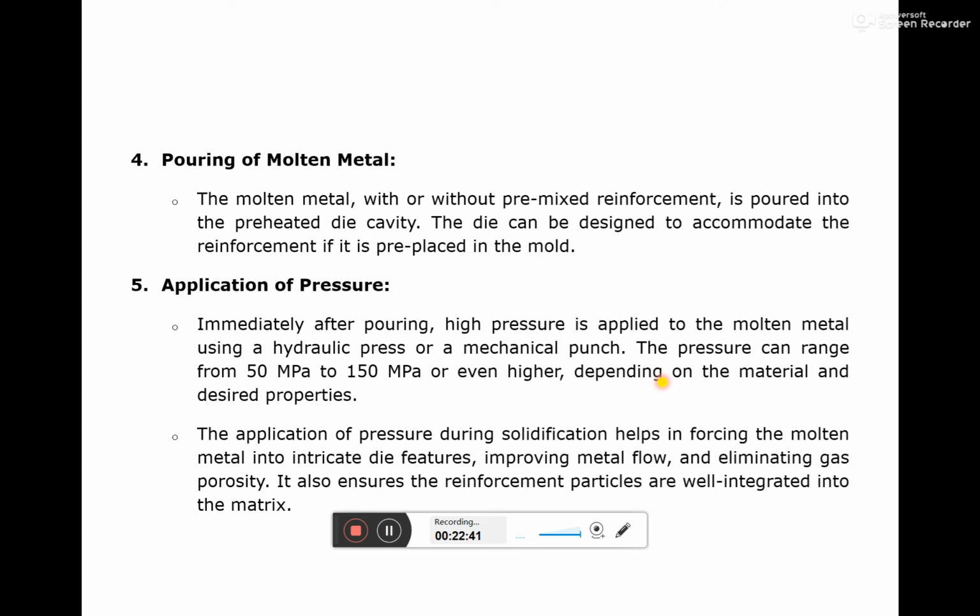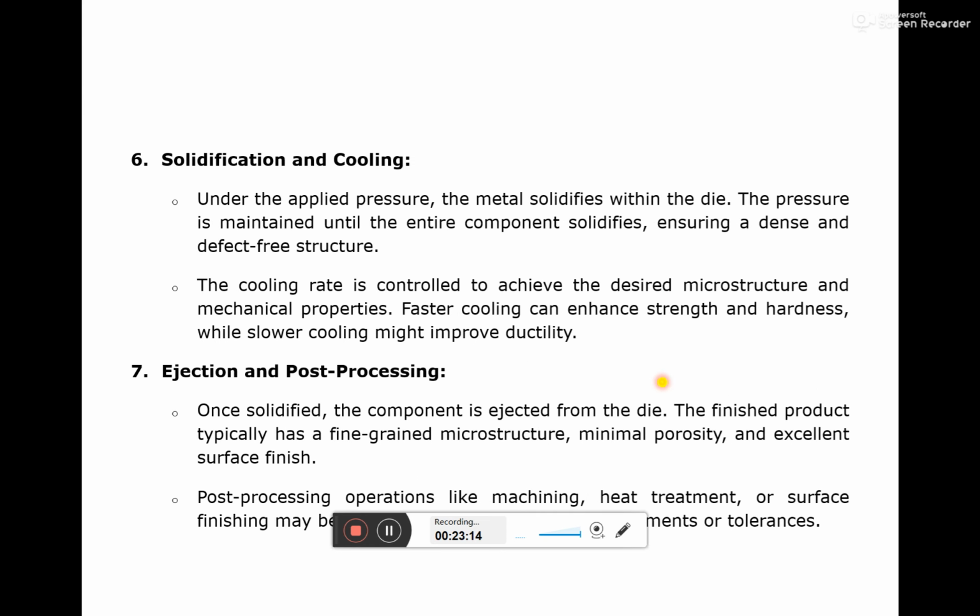Once you pour the composite mixture into this die, high pressure is immediately applied over the molten material, in such a way that the molten material flows with high force into the intricate die features. It also improves the metal flow and avoids the formation of gas porosity. That's why we are applying the pressure here.